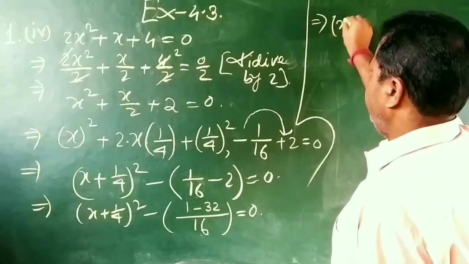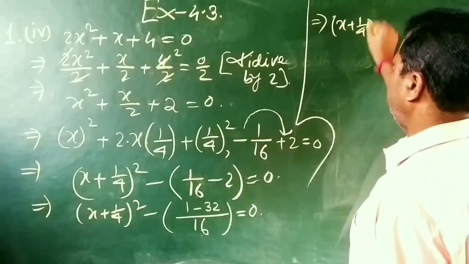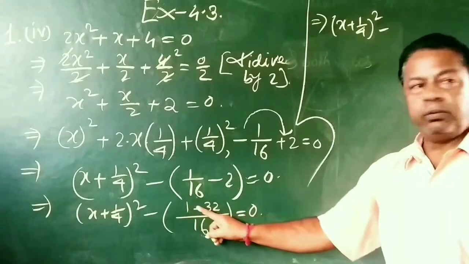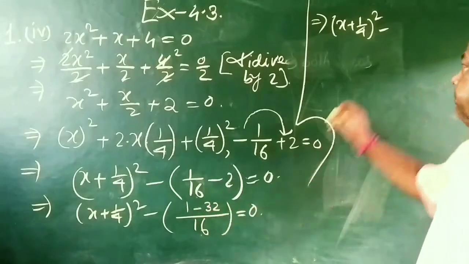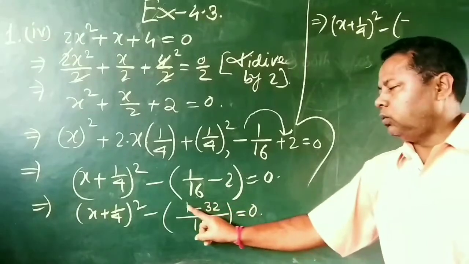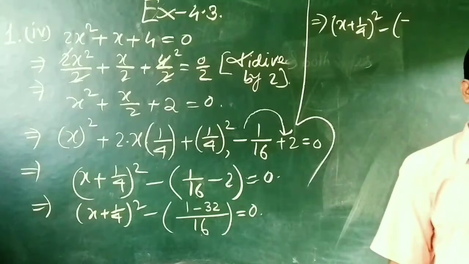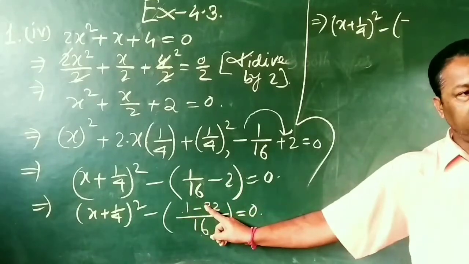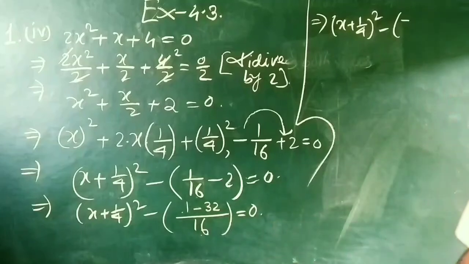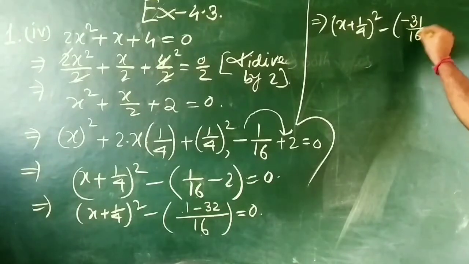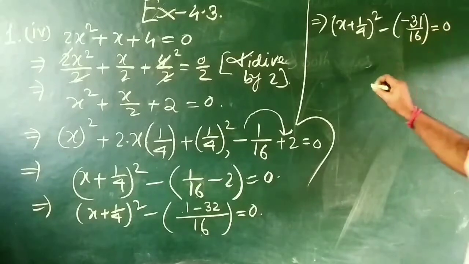Then x plus 1 by 4 whole square minus. Here we find these two signs are opposite, so the sign of the bigger term, that is minus, is taken. From 32, 1 subtracted, we know the rule of signs, giving 31 divided by 16 equal to 0.